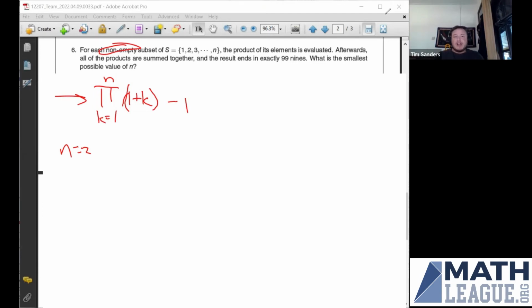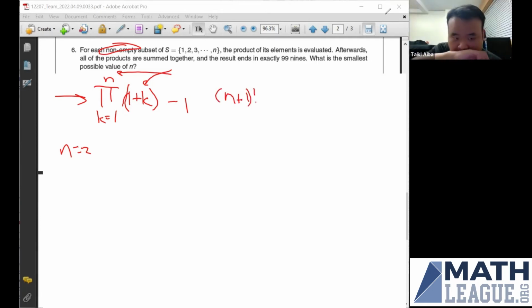So this is our conjecture then, that this thing's going to end in 99 nines, and I need to find, let's see, so we can verify this a little bit later, but let's see if we can just zero in on a solution real quick. If I have my 1 plus k and we're taking that all the way up to n, that's basically n plus 1 factorial. Is that correct?